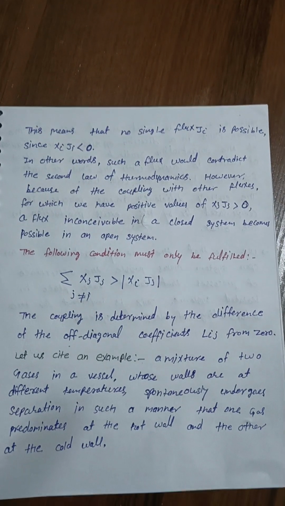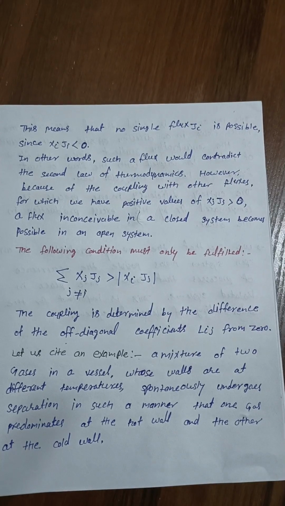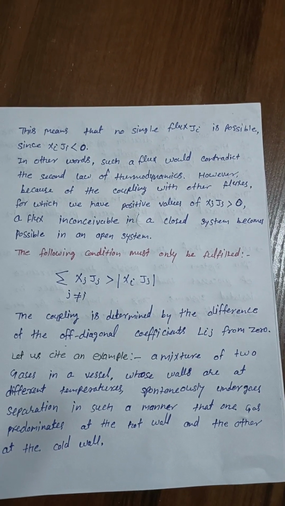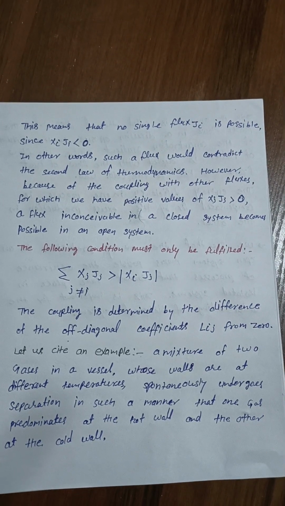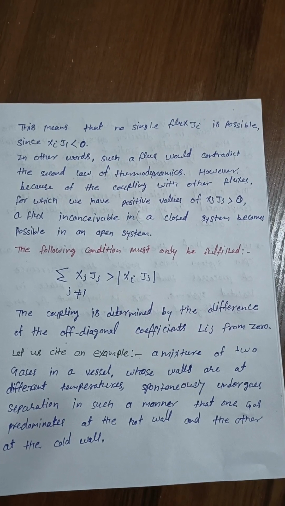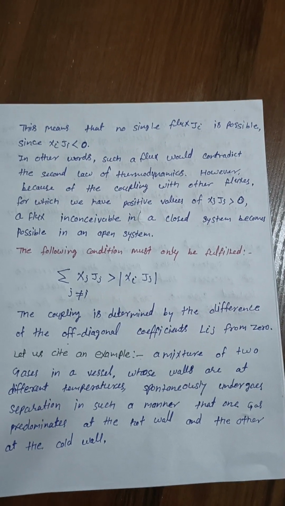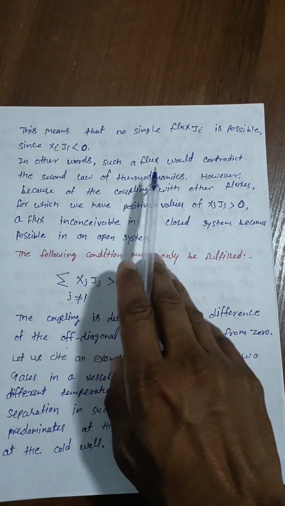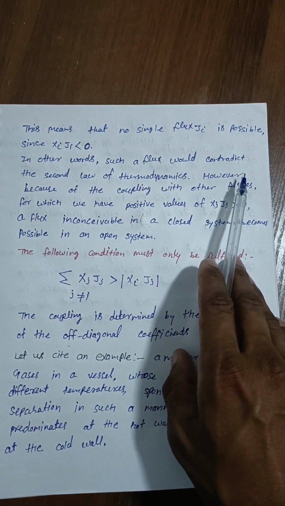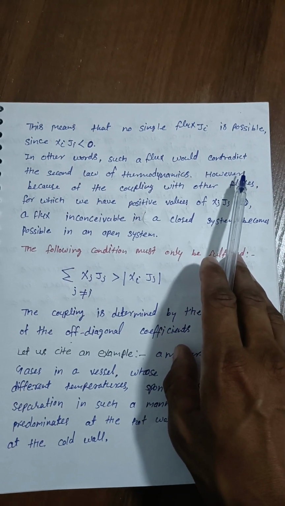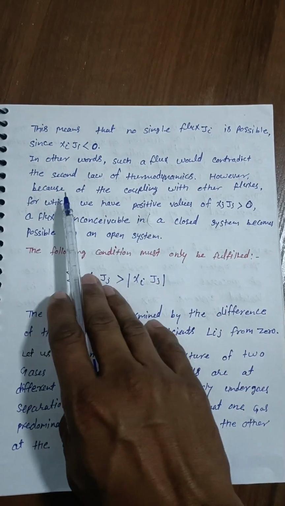And this means that a single flux Ji is possible even when Xi Ji is less than 0. In other words, such a flux would contradict the second law of thermodynamics.